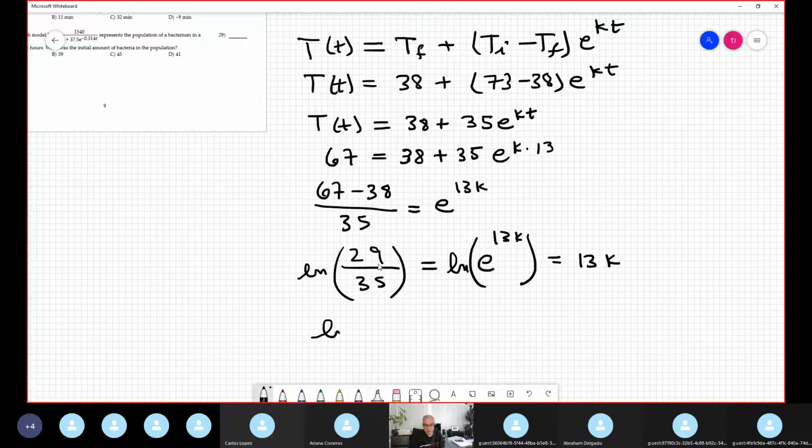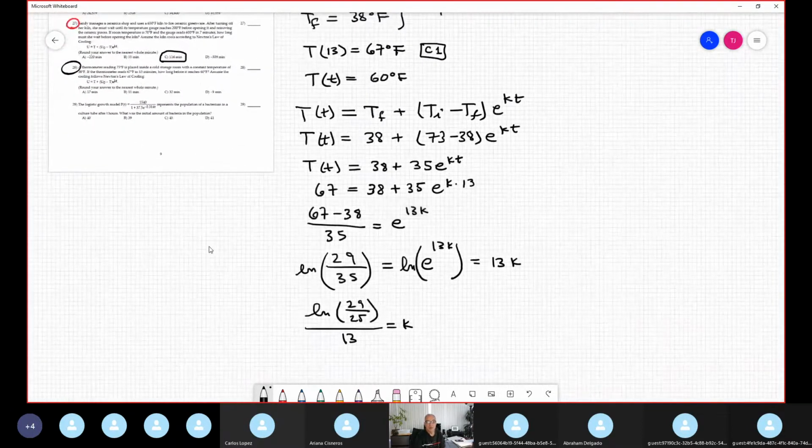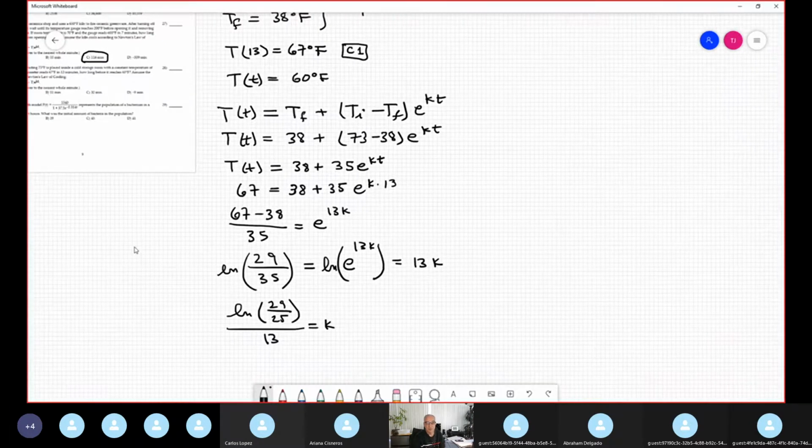Therefore, k alone is logarithm of 29 over 35 divided by 13. This is my k value. Okay, apply the same formula. What formula? That formula. I just copy again.